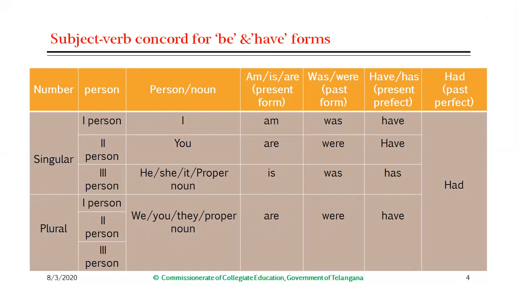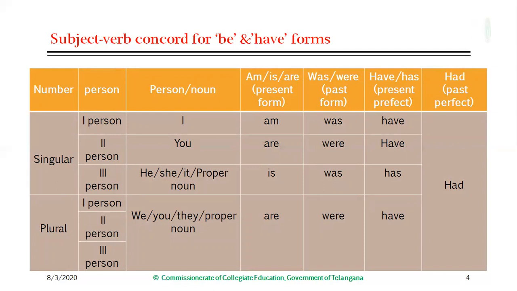So here, with the first person singular I, we can use am in the present form. I am eating a banana. Or I was eating a banana when there was some sound.